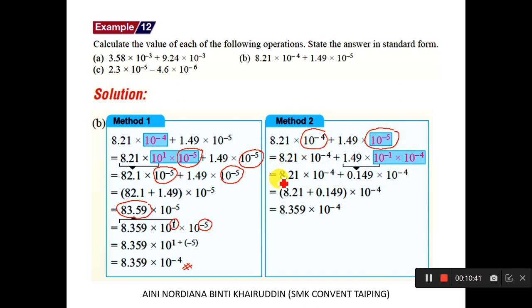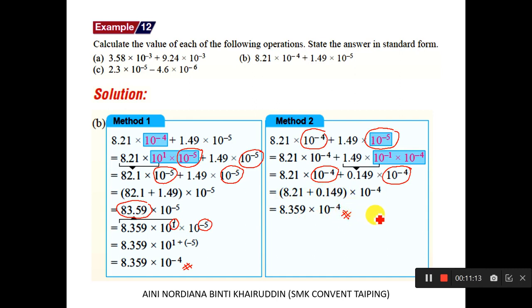So next, this number remains unchanged. 1.49 times 10 to the power of negative 1 equals 0.149 times 10 to the power of negative 4. Since both numbers are equal in power, these two numbers we can plus in a bracket. So the final answer is already in standard form.